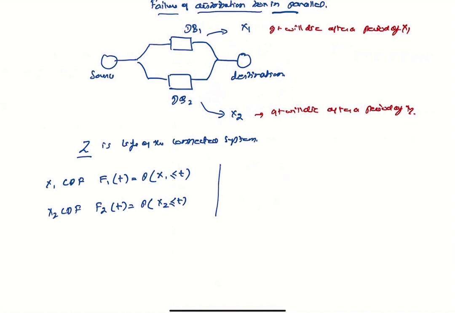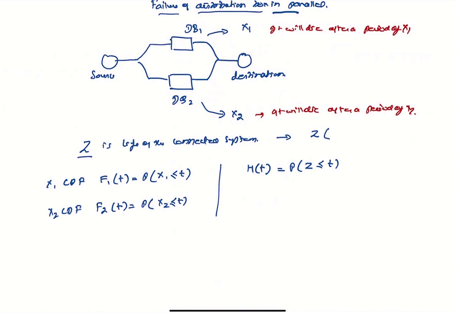Let's say Z has a CDF of H(t), which is equal to the probability of Z less than or equal to t. Since this is connected as a parallel system, Z is going to be the max of x1 and x2, because as long as one of them is functioning, it will keep functioning.